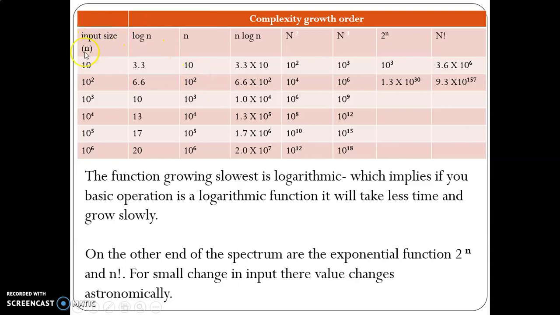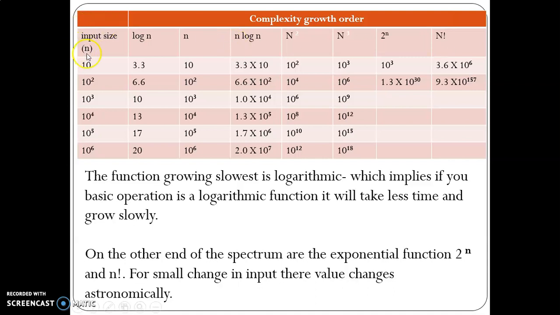For an input size of n, suppose some algorithm has a runtime of log n, some has a runtime of n, some has a runtime of n log n, another has n square, then n cube, then 2 raised to n, then n factorial. These are the different standard run times that the algorithms can have.